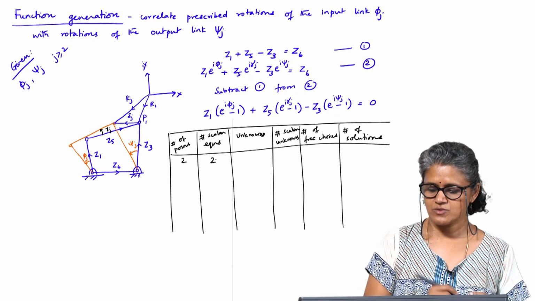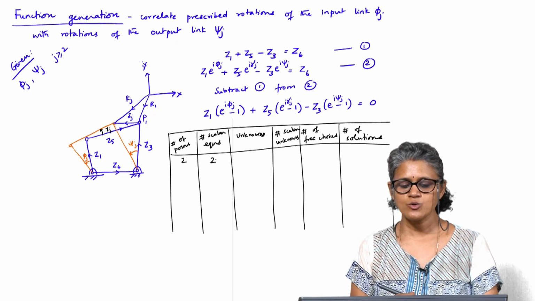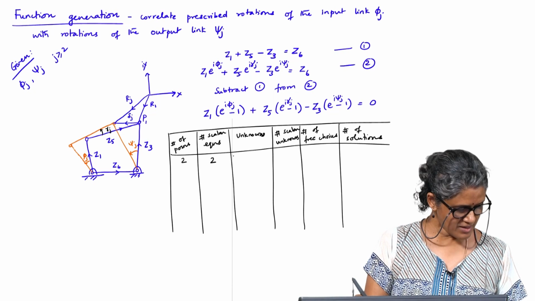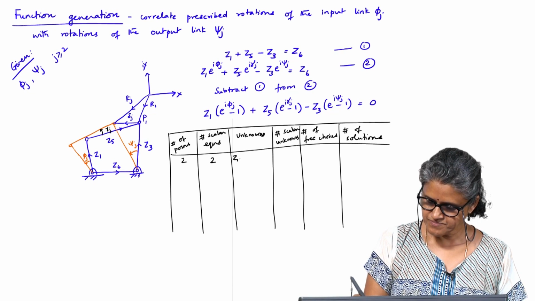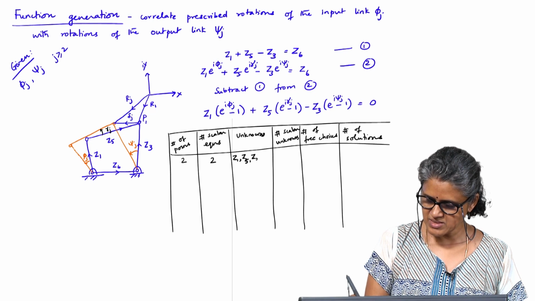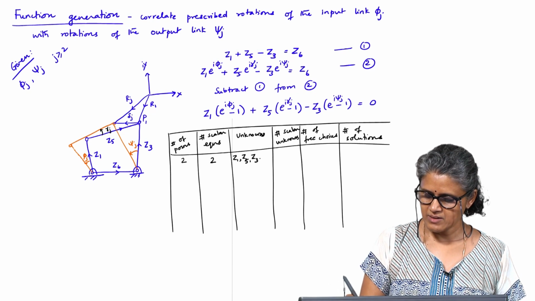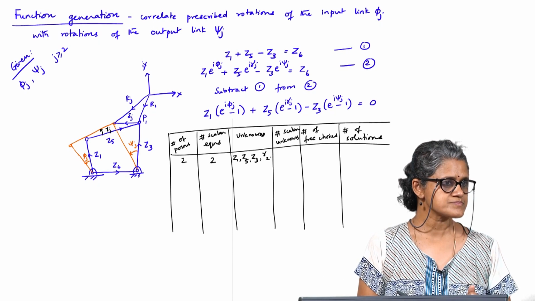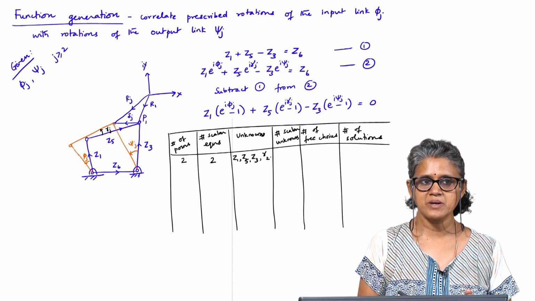So, what are my unknowns? Practically everything. So, I have Z1, Z5, Z3 and gamma 2, because phi 2 and psi 2 are given. That is the relationship I am designing for.